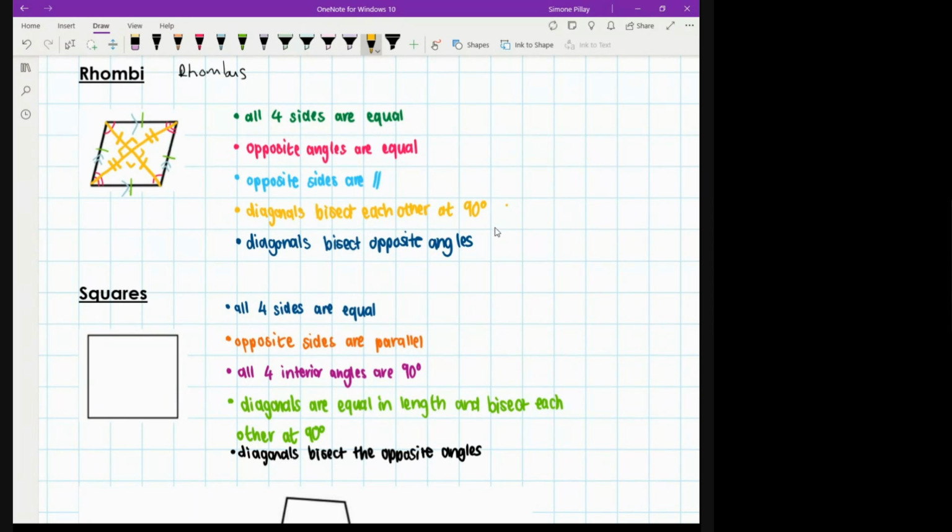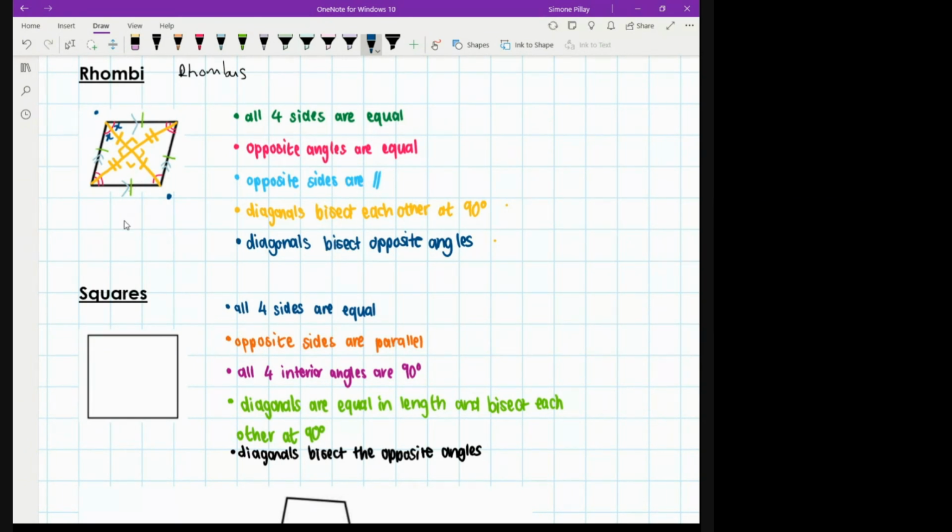If we look lastly at our dark blue, they have said that diagonals bisect opposite angles. So in other words, when we talk about the opposite angles, all that we're saying is, remember these are opposite angles, and my diagonal has bisected them. So meaning this will be x and this will be x.